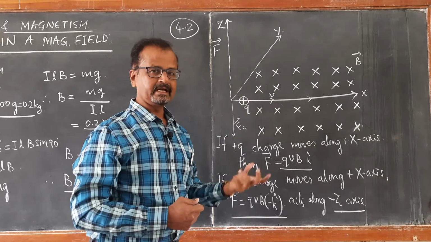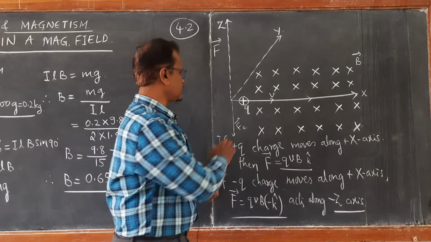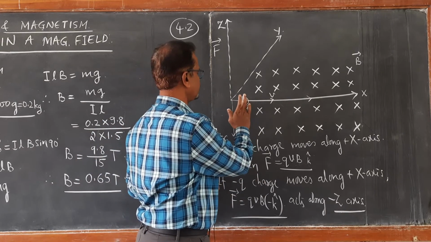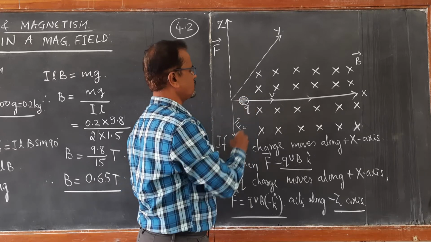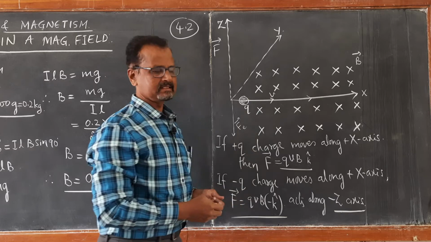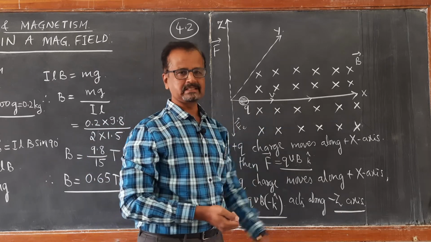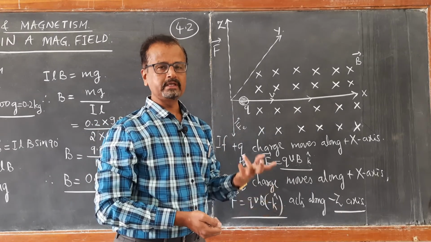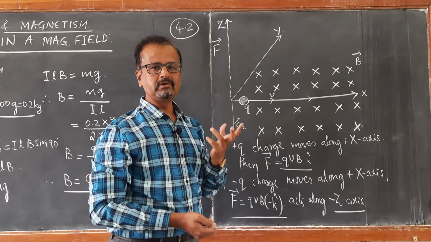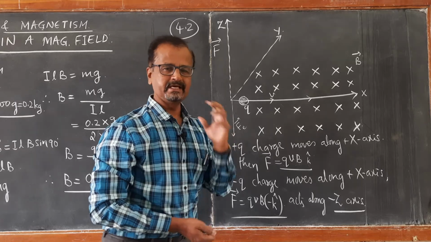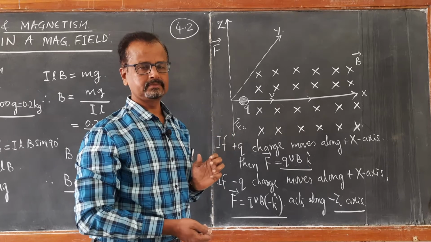Second case, let us say now instead of proton, it is an electron moving along positive x-axis. If the electron moves along a positive x-axis, then what is the force experienced by electron? Electron is a negatively charged particle having the same charge magnitude as that of the proton, right?